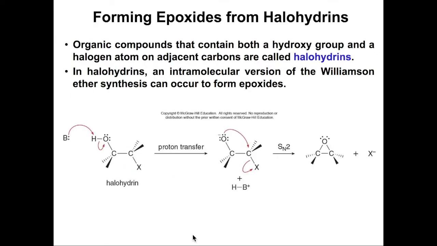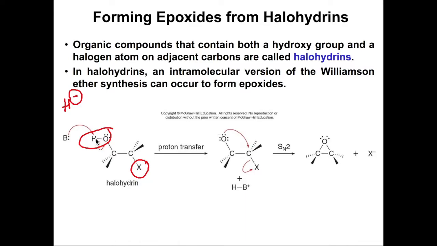And then we will often use this reaction to form epoxides. When we have a halohydrin, it means that you have an OH and a halogen, and they are on adjacent carbons, just like this one. What you can do is basically an internal SN2 reaction in which you have a base. Imagine we use sodium hydroxide.